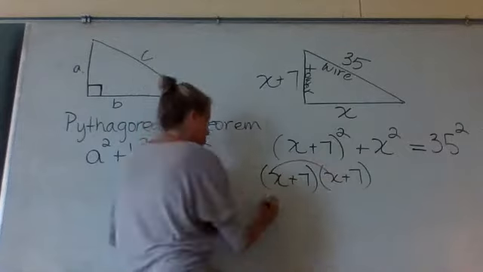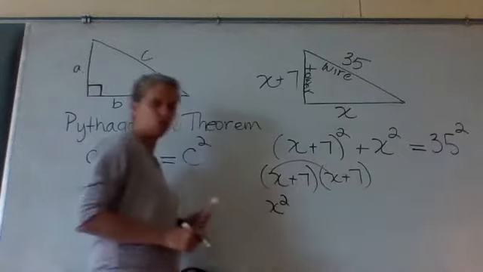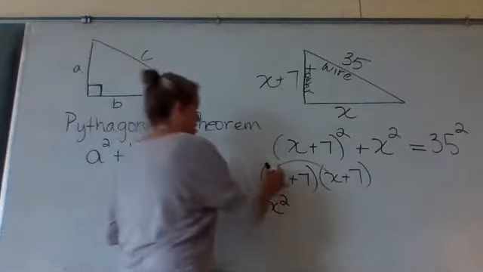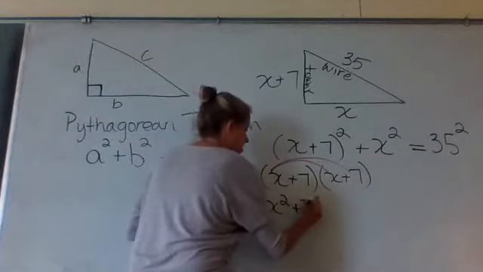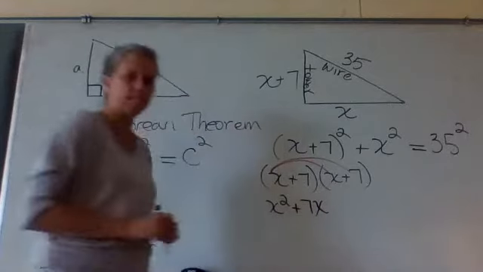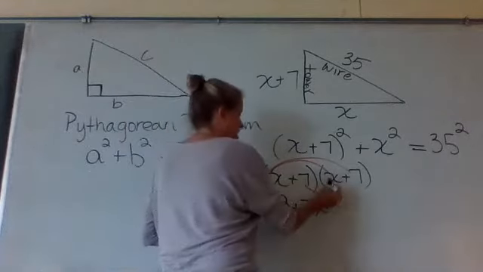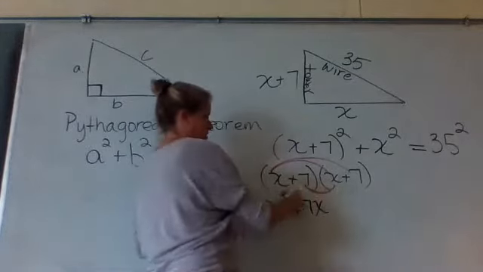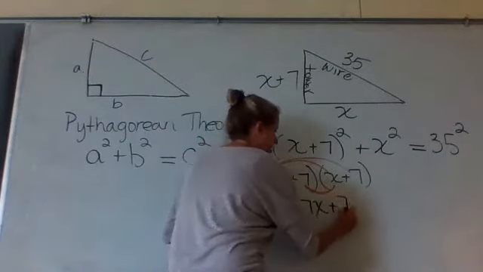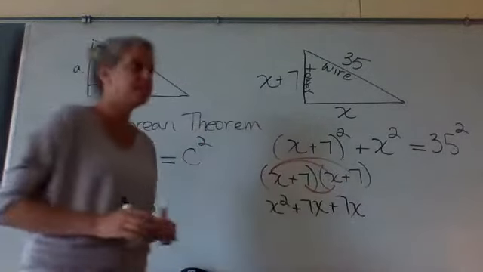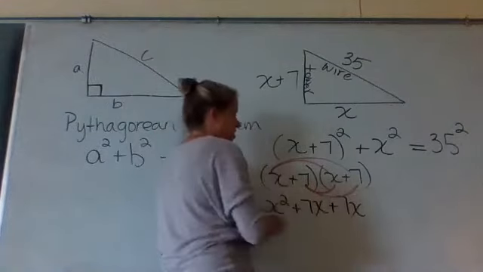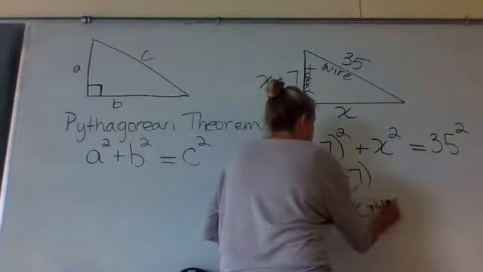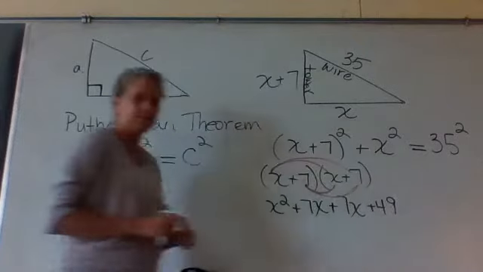X times x gives me x squared. My outer, x times 7 is 7x. My inner, 7 times x is another 7x. And then my last, 7 times 7 gives me plus 49.